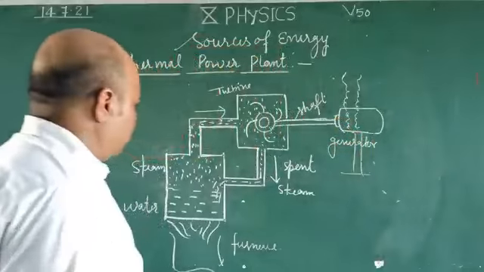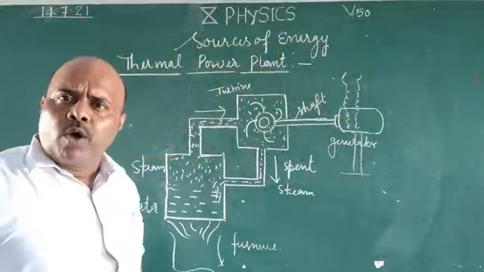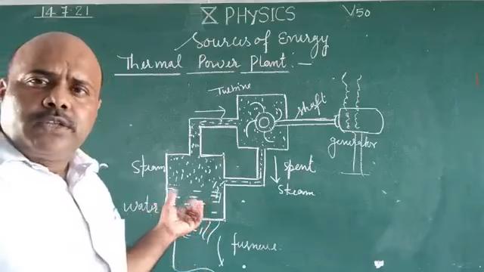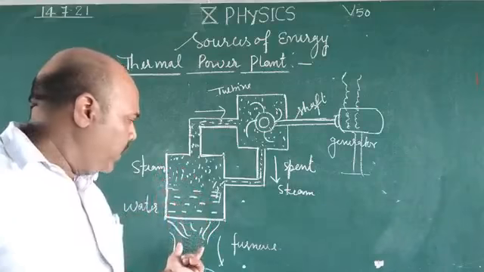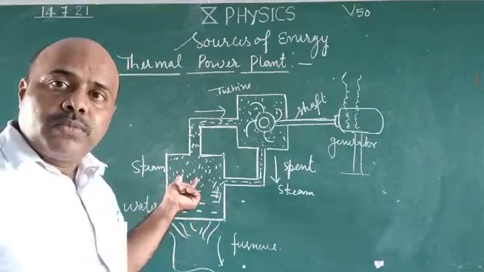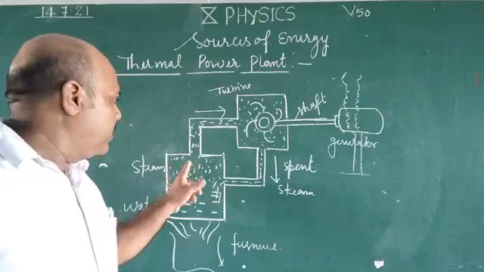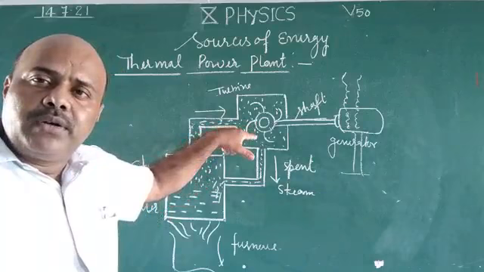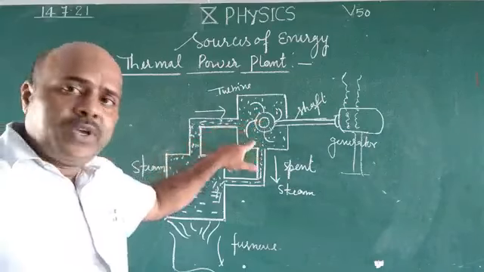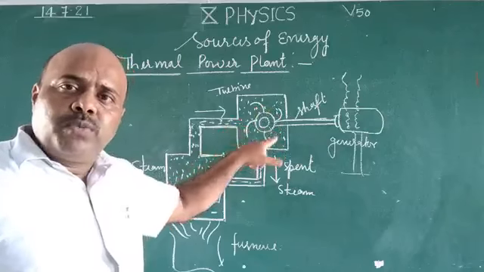Dear friend, this is a thermal power plant in which you can see a boiler tank in which the water is filled. After heating, this water becomes steam, and with high pressure this steam passes through this pipe and falls in the turbine chamber. Now the blades begin to move, and then the shaft also begins to move.